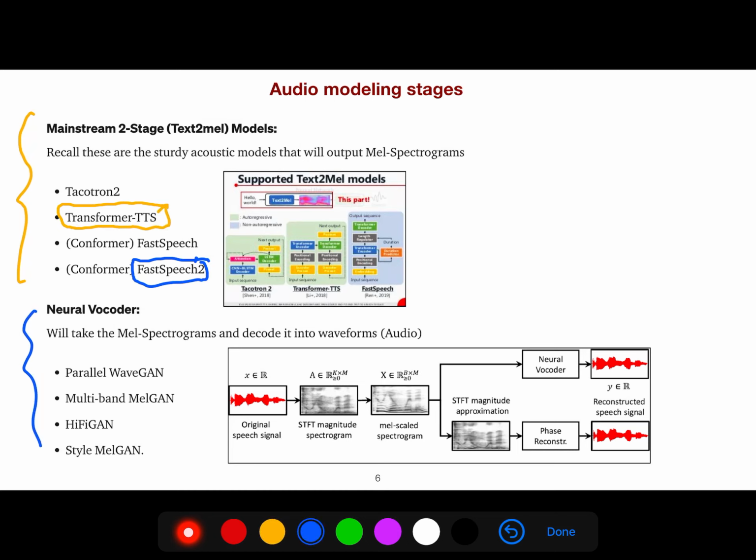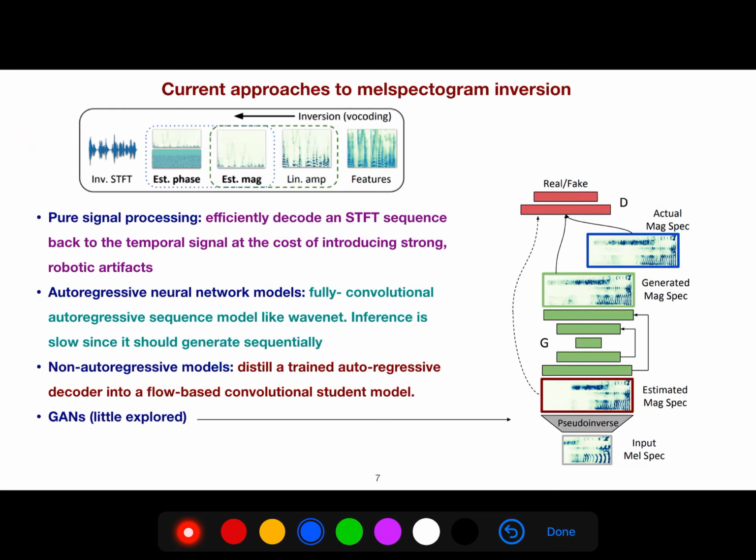And in this lecture, we focus on this approach. For neural vocoders, you could use Parallel WaveGAN, you could use WaveNet, which is from Google and very popular, but you will see that models like GANs are little explored.